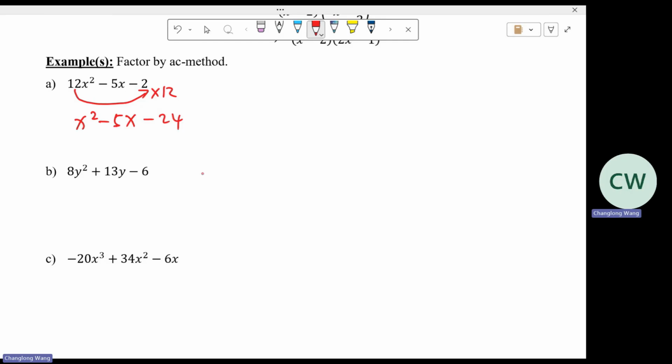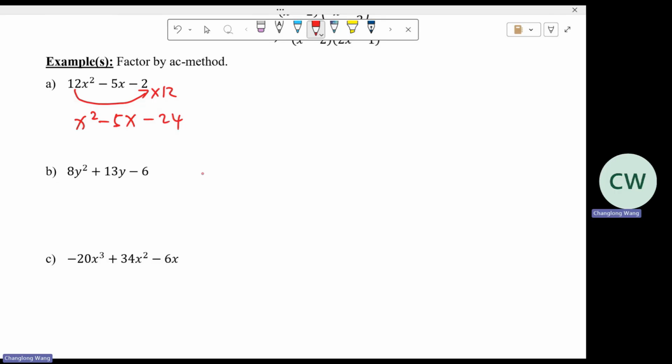But if it's getting bigger, maybe try going through all the pairs and always start with the easy ones. 24, you can do 1 and 24. 2 and 12, right? Of course, you can always do 1 and the number itself. But this number is even, that's why I also want to try the 2.